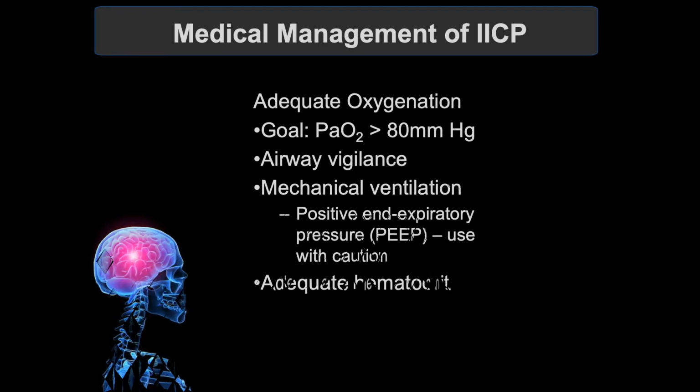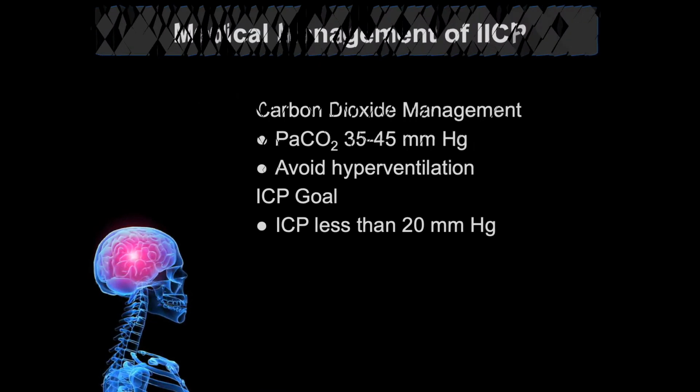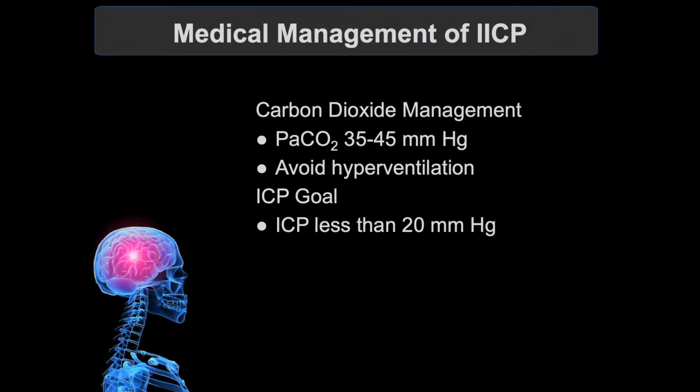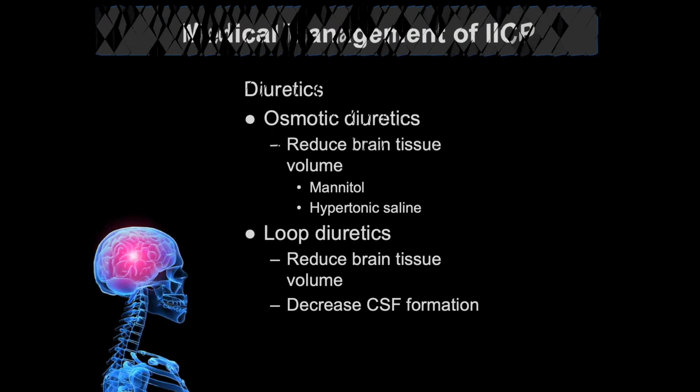The carbon dioxide level of your patient should be maintained between 35 and 45 millimeters of mercury. You should be able to avoid hyperventilating your patient while maintaining an ICP goal of less than 20 millimeters of mercury.